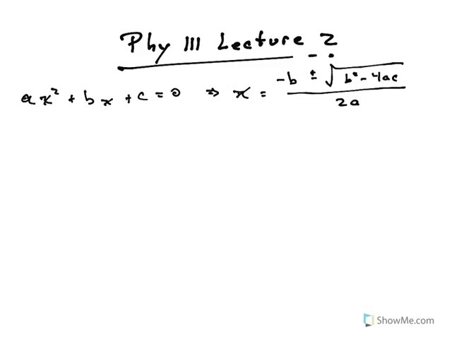Because if this problem were something like you throw a rock off a cliff that's 10 meters high, you throw it at an angle of 30 degrees with a speed of 20 meters per second, and you want to know at what time the rock will hit the ground. How long will it be in the air, basically?